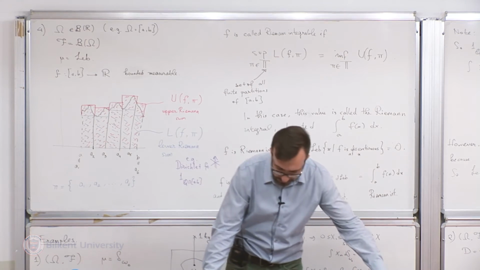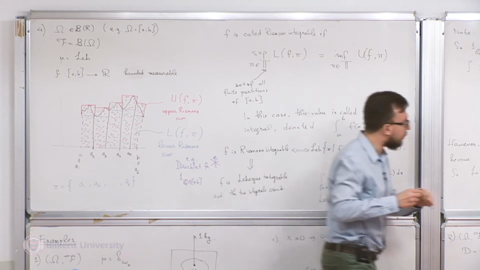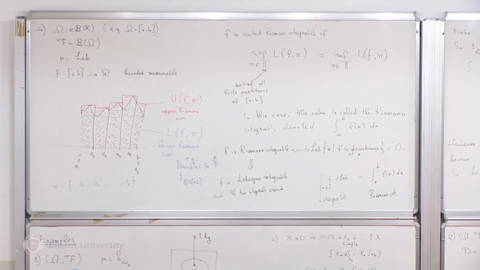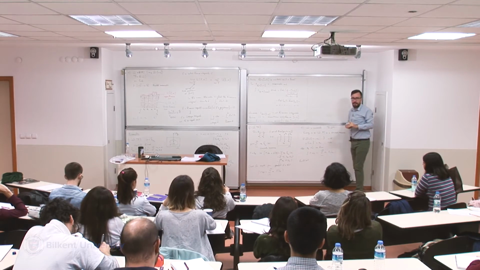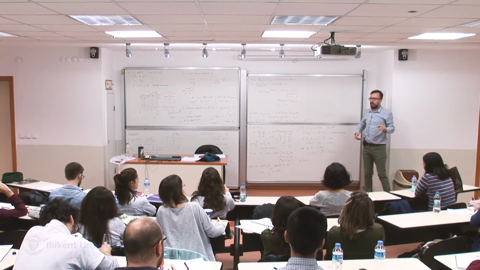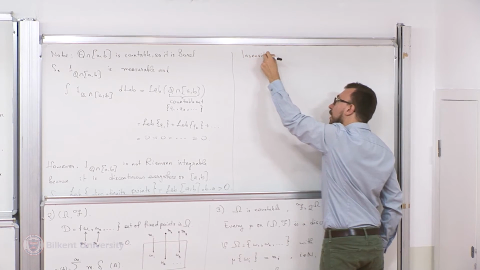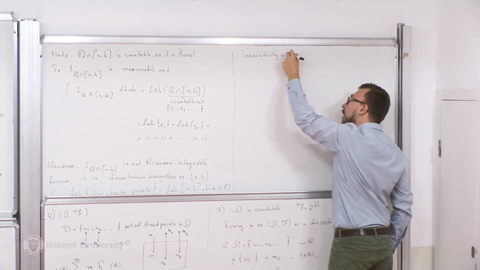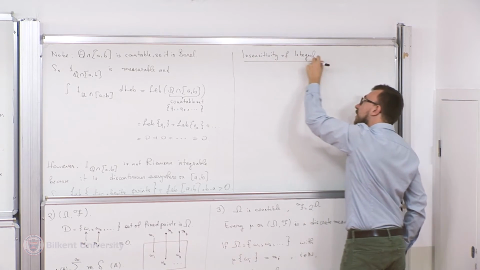So that is it about examples. So in the rest of the lecture, I'd like to talk about some nice property of the integral. Okay? And this is called insensitivity. What is insensitivity?